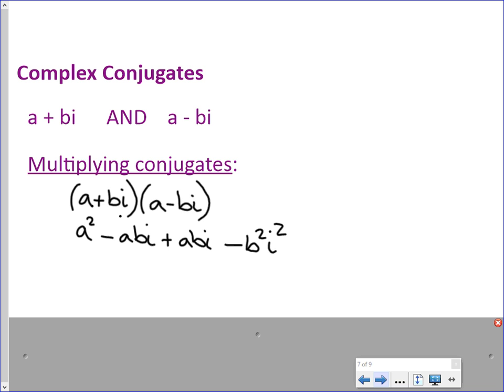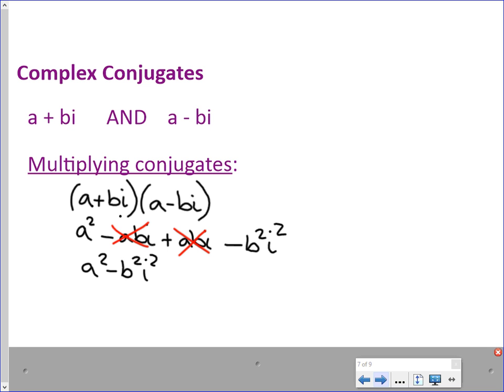That's going to be helpful. Minus abi, plus abi, cancel out. So if you choose conjugates, the i terms will always cancel. And then what you have left over is a squared minus b squared times i squared.